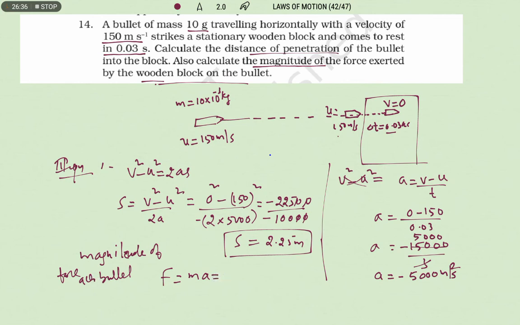So m is 10 into 10 power of minus 3, into minus 5000. So we get minus 50 Newton, the frictional force exerted by the wooden block on the bullet. So in this way we can solve the problem.